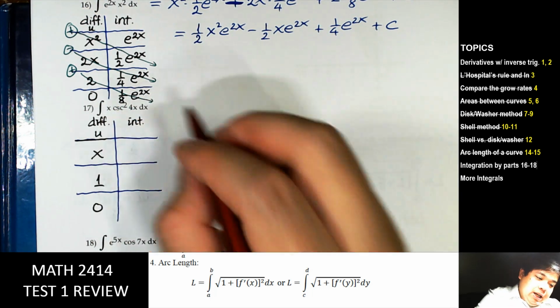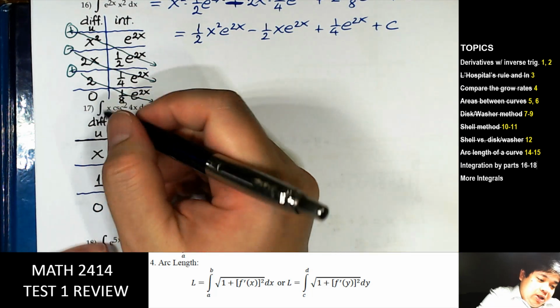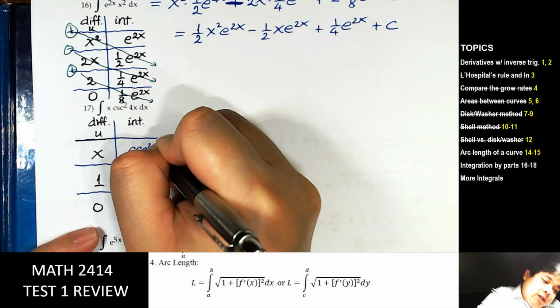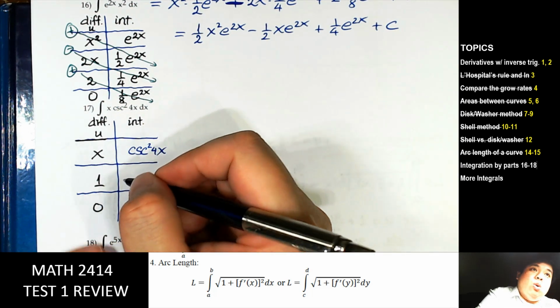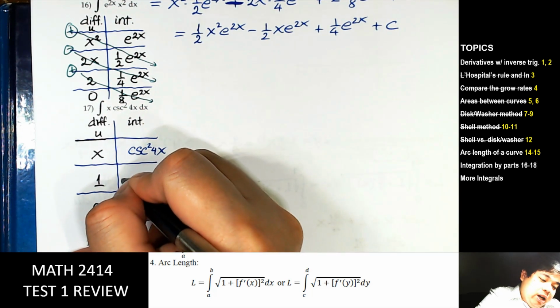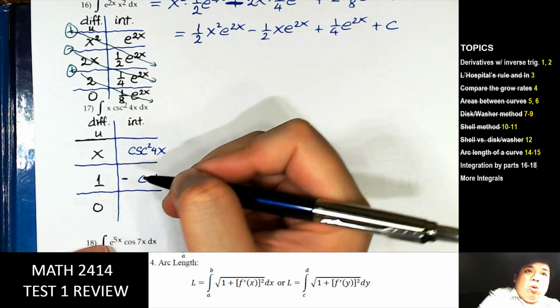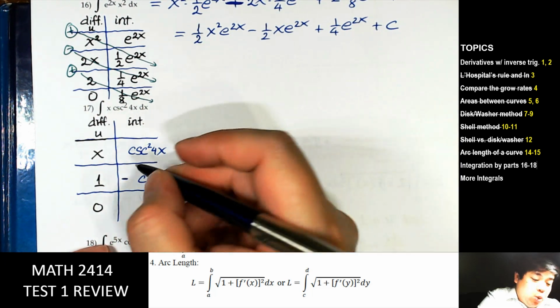Right. Integral of cosecant square 4x. The integral of cosecant square is negative cotangent, because the derivative of cotangent is negative cosecant square.